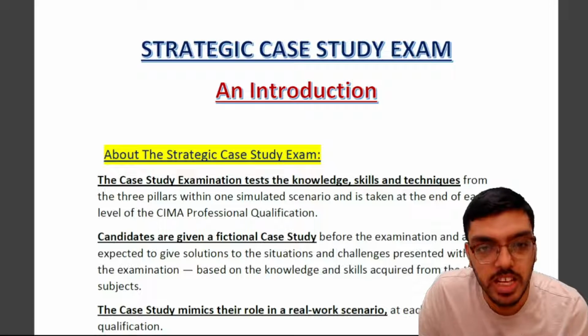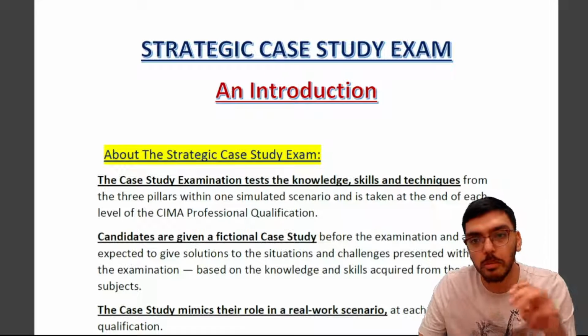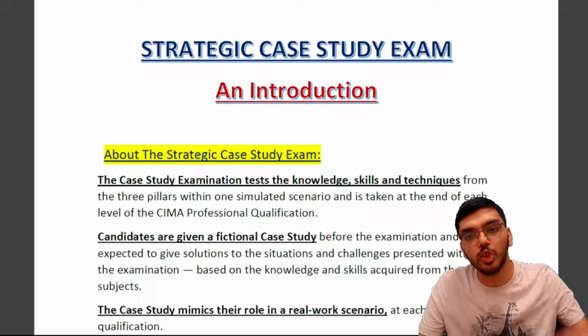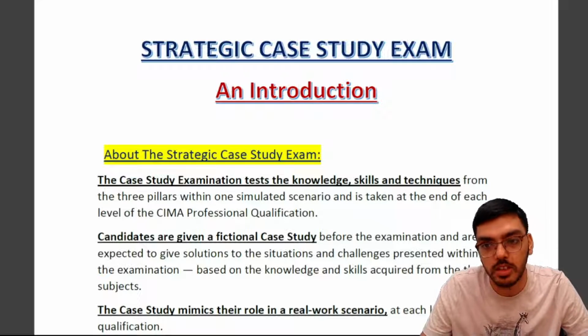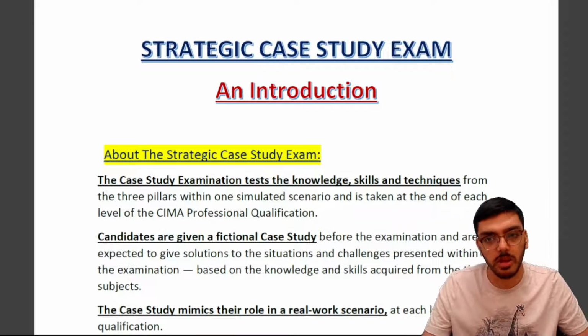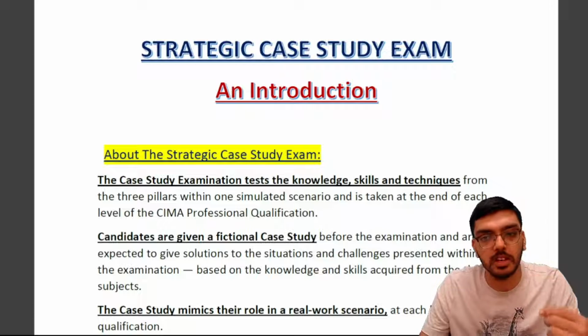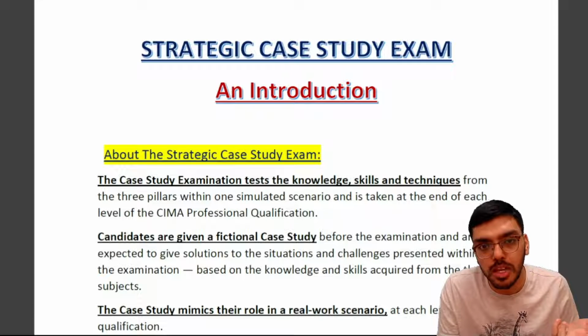Now the case study examination tests your knowledge, skills and techniques from three pillars in one simulated, scenario based exam. Now what three pillars are they speaking about? The three pillars are your E3, P3 and F3 pillars.